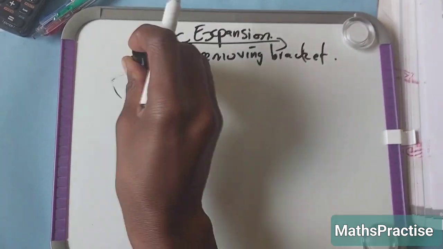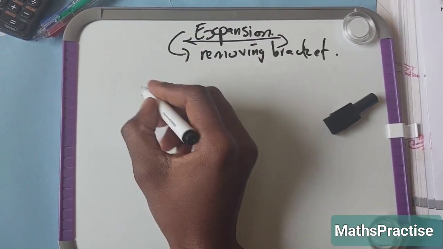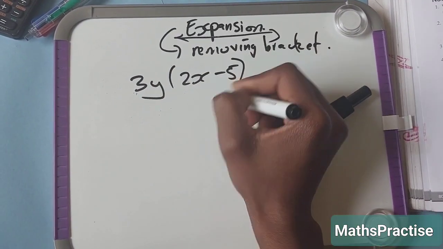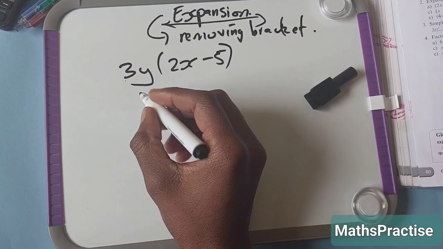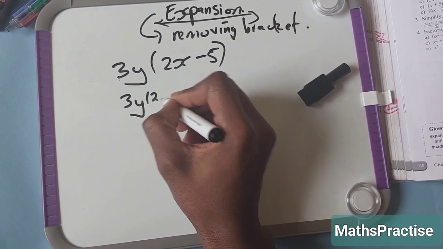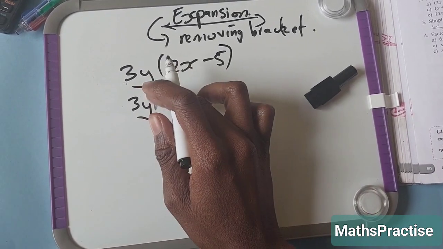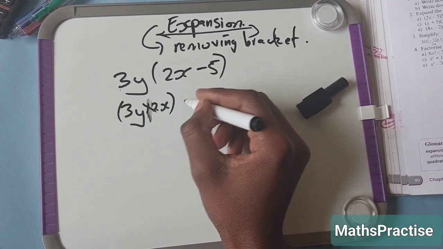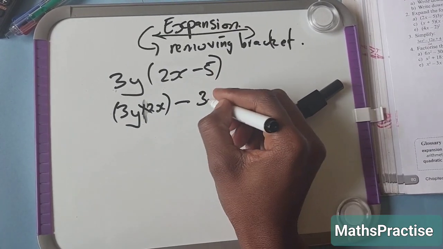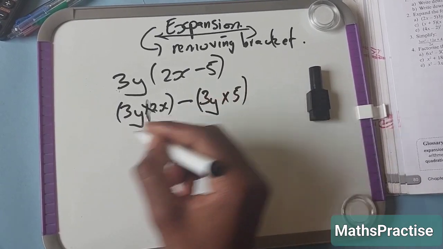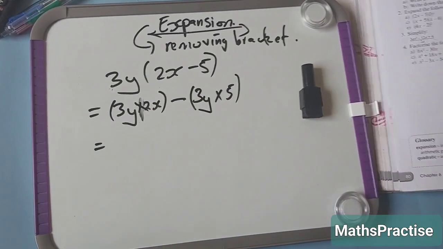So to solve this question, we have 3y bracket 2x minus 5, and we are asked to expand it. So we're going to multiply 3y by 2x, minus 3y multiplied by 5. And then we simplify.